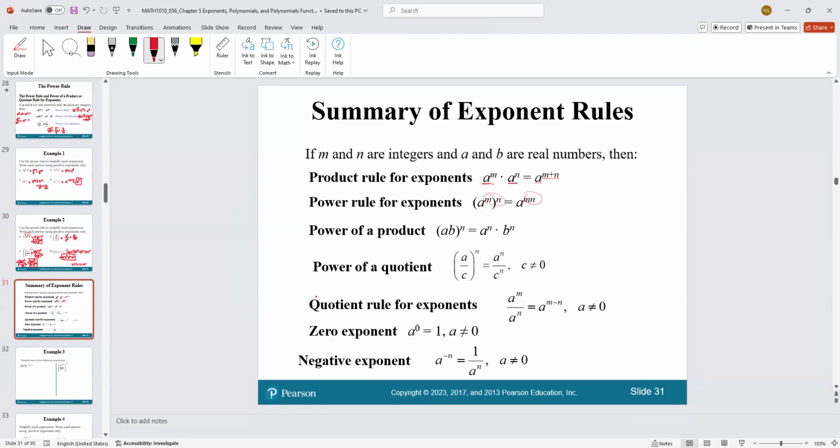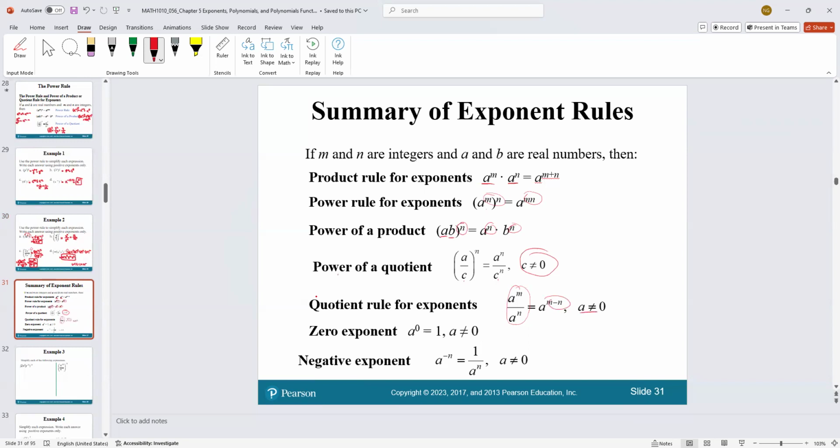Power of a product, different base, same exponent, we distribute the exponent. Power of a quotient, different base, with the same exponent, we distribute. Know that the denominator cannot be equal to 0, otherwise it would be undefined. Quotient rule for exponents, same base, we subtract the exponent. Remember, a cannot be 0 here.